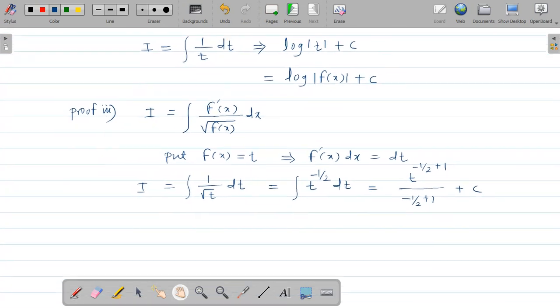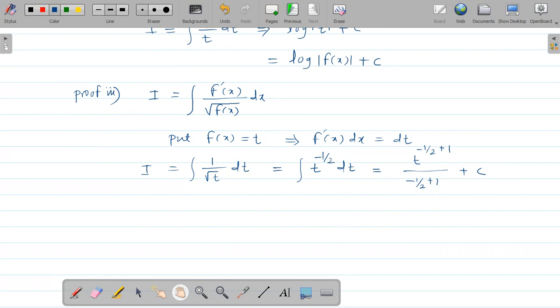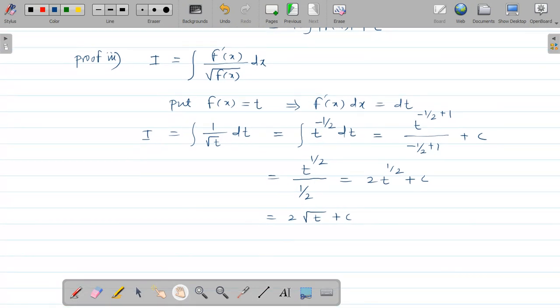Simplifying, minus 1 by 2 plus 1 is 1 by 2, so we get t raised to 1 by 2 upon 1 by 2, that is 2 times root t plus c. So overall, the integration of 1 upon root t is 2 root t plus c. Now by resubstituting we get 2 into root of f of x plus constant.